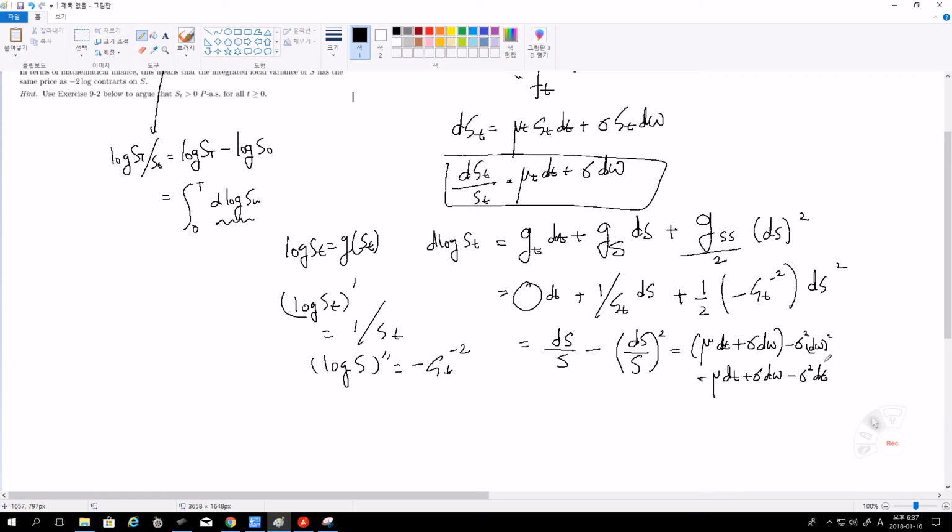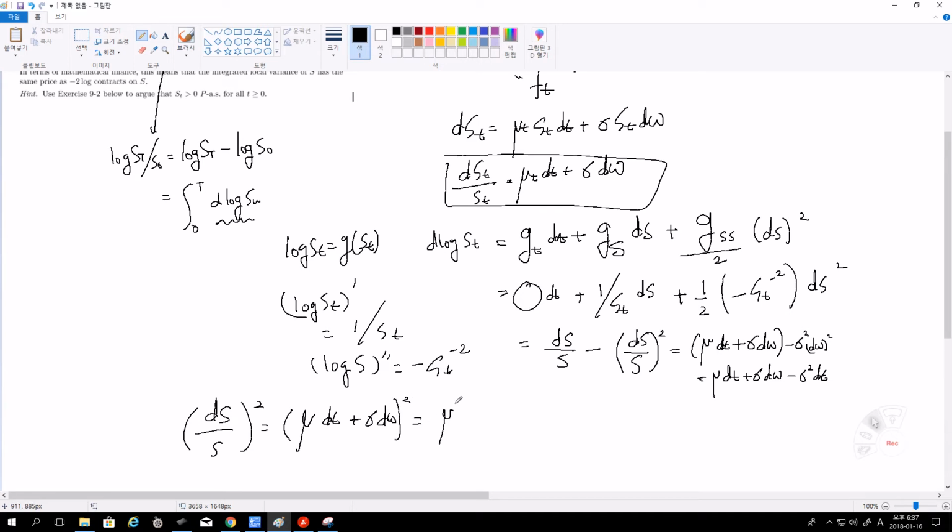Remember the square term. What I just did is a quick notation: dS squared over S squared is basically mu dt plus sigma dW, squared.